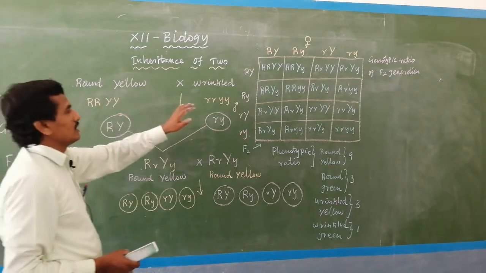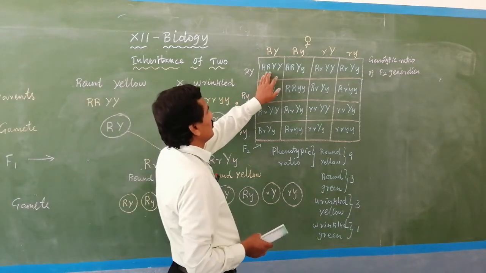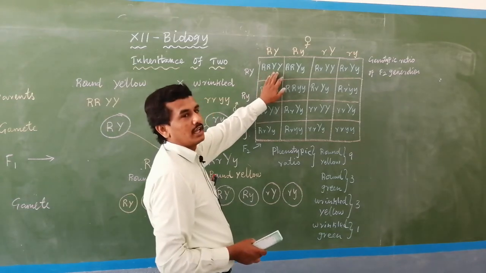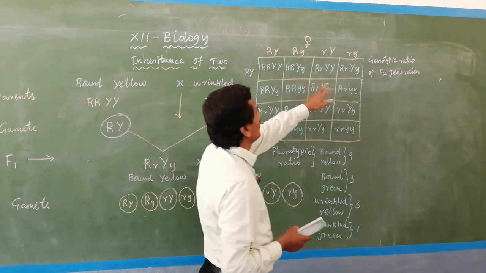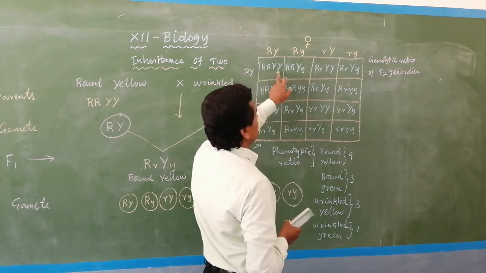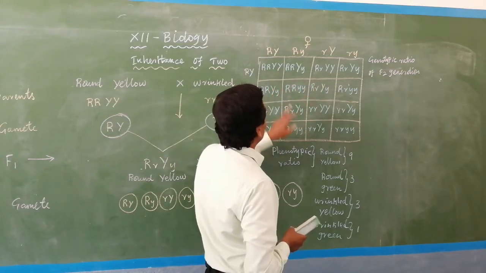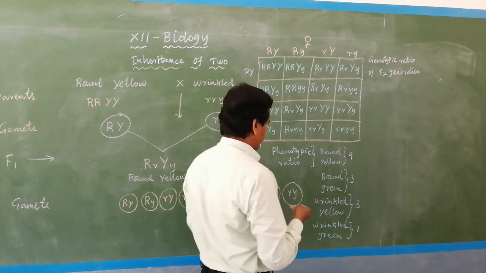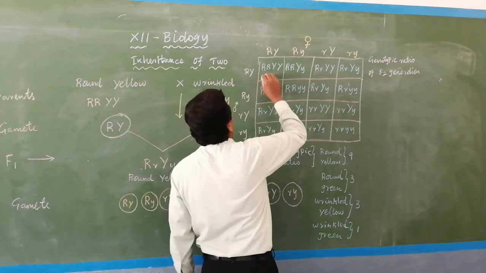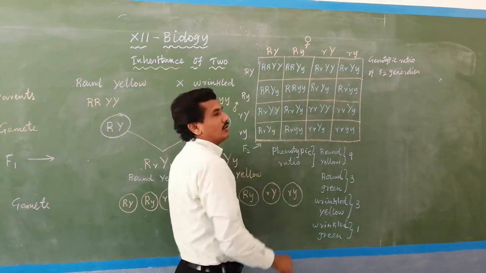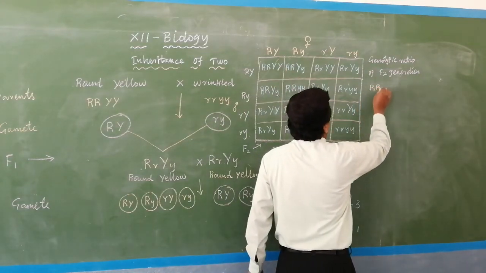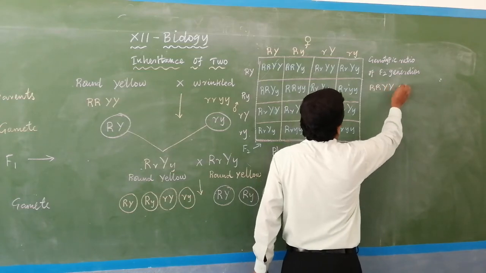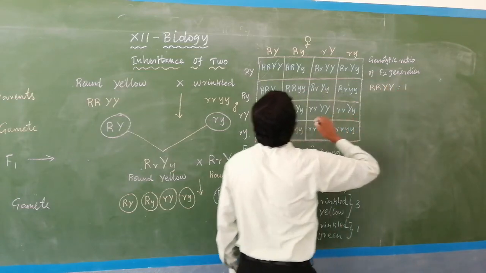So this is homozygous round and homozygous yellow. How many? All are in capital letters, so the count is only one.